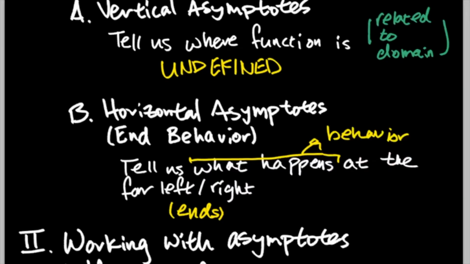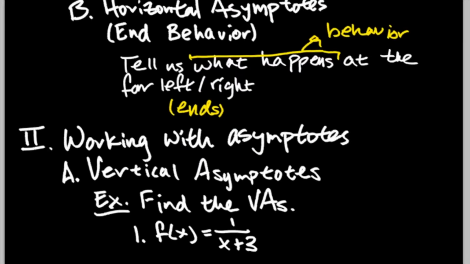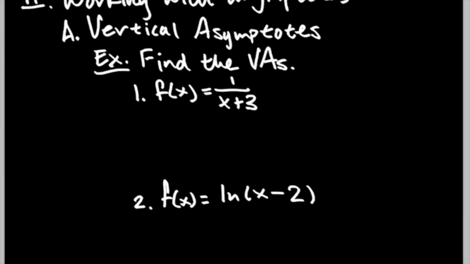Alright, so let's actually work with them. Vertical asymptotes, they're kind of easy to work with in the sense that you just have to find where the function is undefined. So in this case, where is the function being divided by 0? So let's figure out where x plus 3 equals 0. That happens when x equals negative 3.